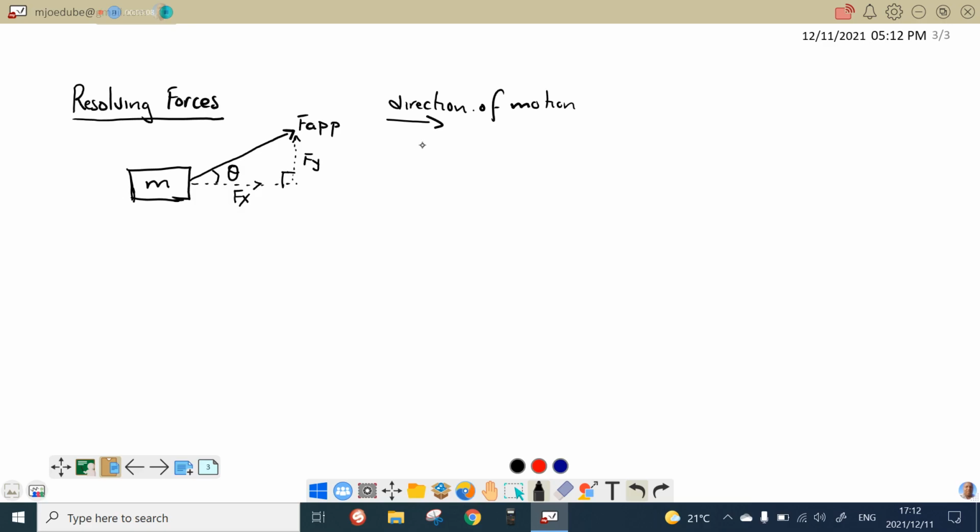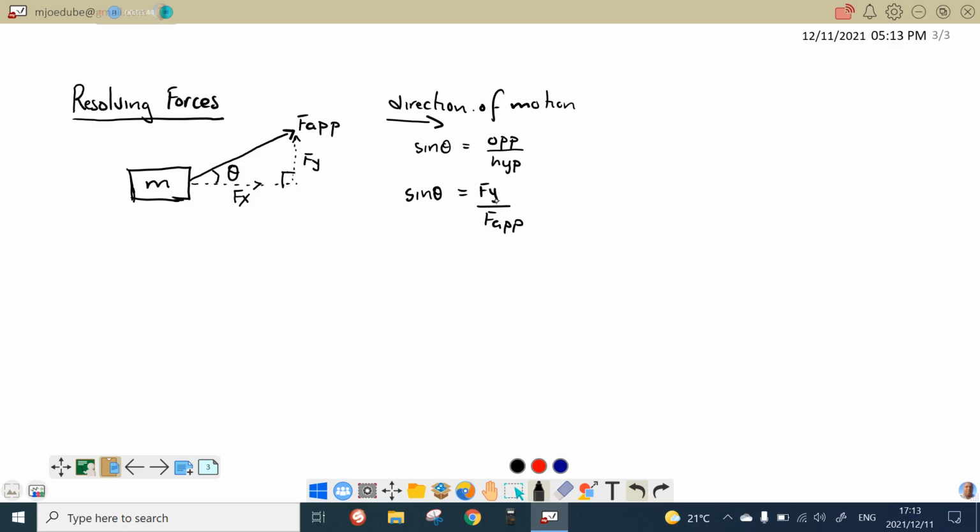From your knowledge of trig, you know that sine theta is equal to the opposite over the hypotenuse. In this case, the opposite side is our Fy, and the hypotenuse is the Fap, or the applied force, and this is going to be equal to sine theta.